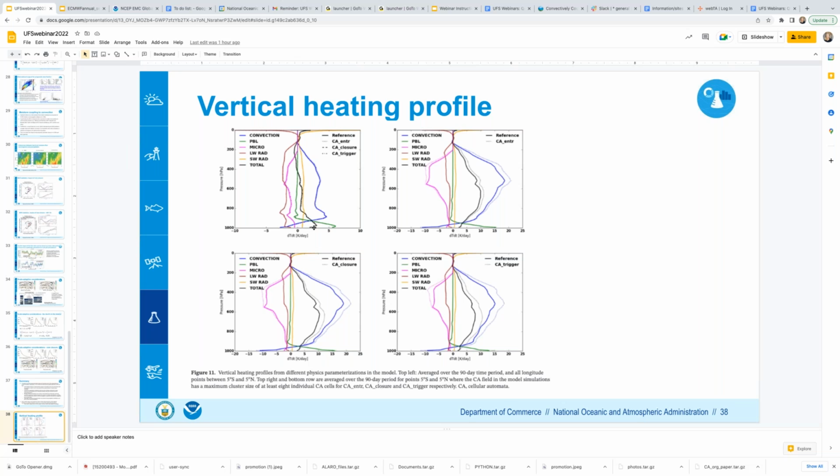This is a tropical mean over all grid points, but if I take only the grid points where the CA is active, you can see that in general it enhances the heating in all these configurations: trigger, entrainment, and closure. It has a positive effect, but the CA trigger is not applied on shallow convection, so it has no impact in the shallow convective scheme. So when there is a CA in a grid box, it enhances convection.